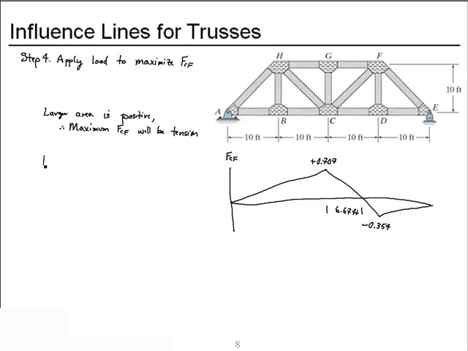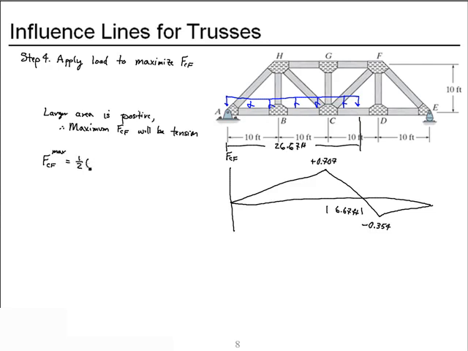So let's find the maximum force in member CF. To do that, we apply our distributed load over the bottom chord of the truss wherever the influence line is positive. So all the way up to this point, which is 26.67 feet from point A. So the area underneath our influence line, it's a triangular area.